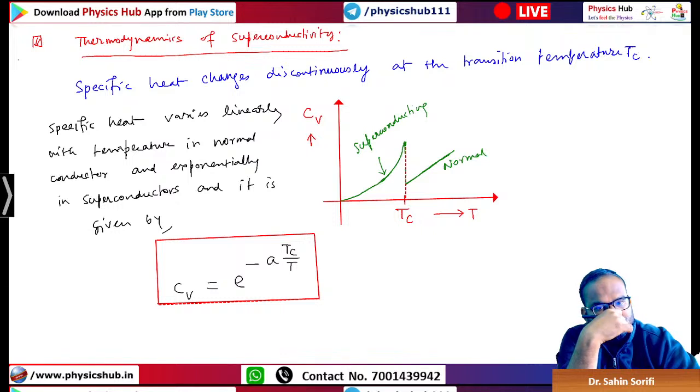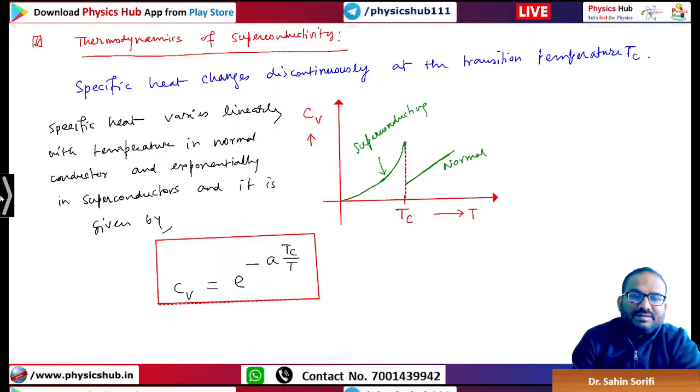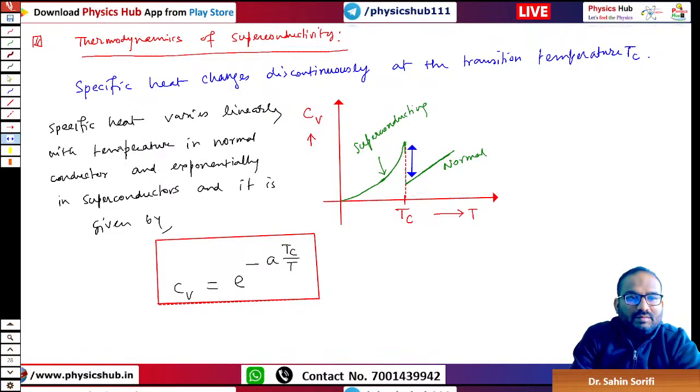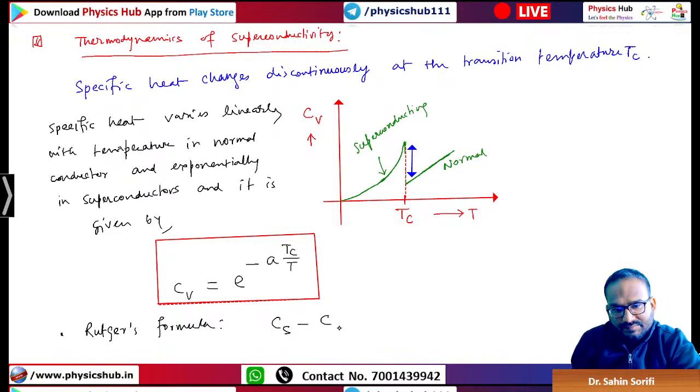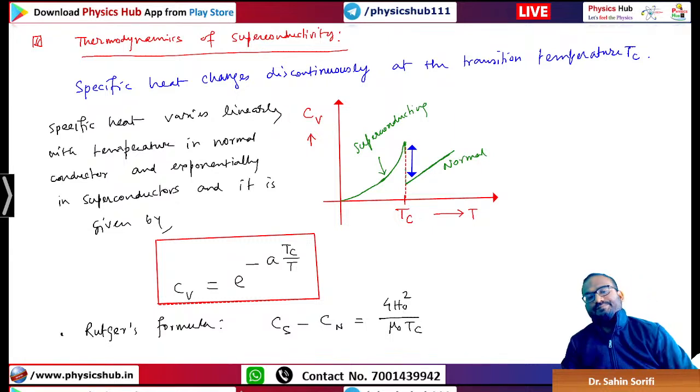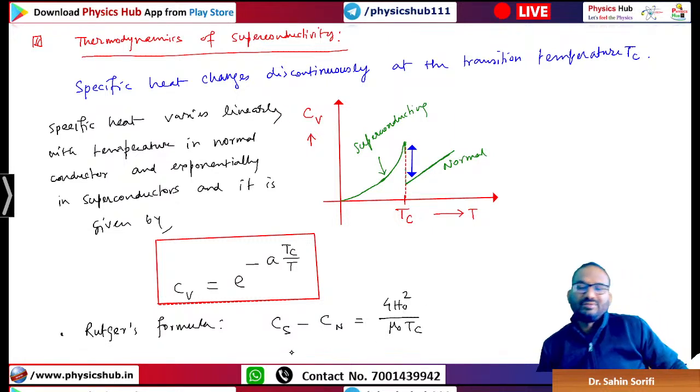Now this amount of discontinuity which you get here is given by Rutgers' formula. As per Rutgers' formula, the difference between the specific heat for the superconductor and for the normal conductor equals 4 H naught square divided by mu naught. Okay, this formula is not so important, you just remember this.